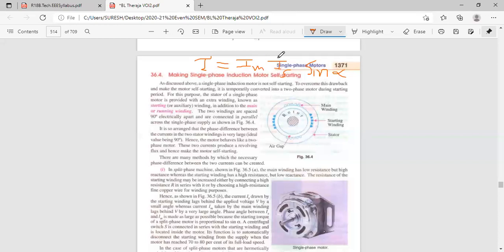Is it okay? Alpha is the angle in between Im and Is. Suppose if alpha is 90, is sin maximum or minimum?